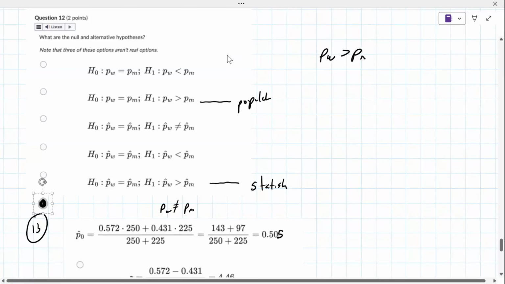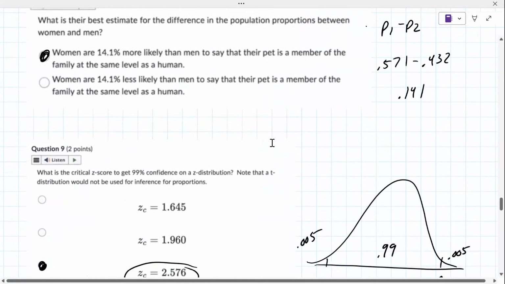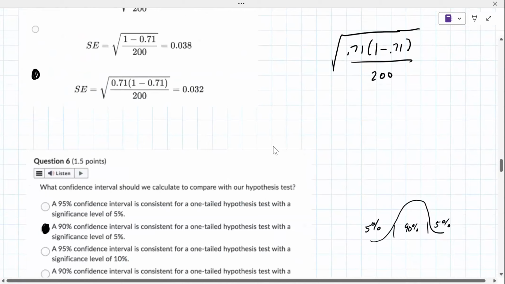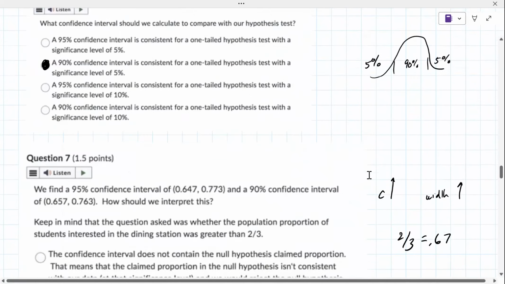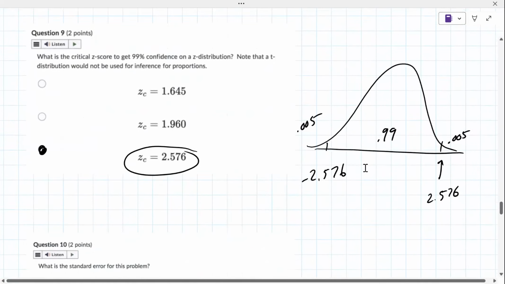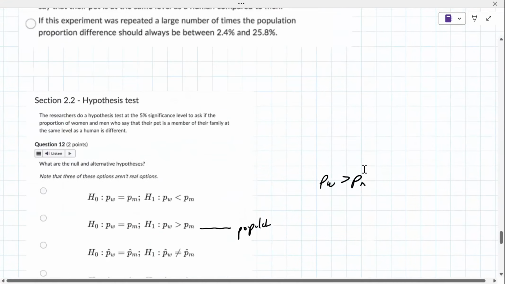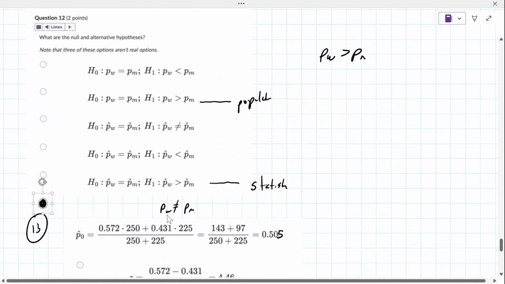Yes, 3, we change it to fail to reject. And then 12 was the last one without the hat. And it's not equal to, right? Yes, not equal to. Okay.